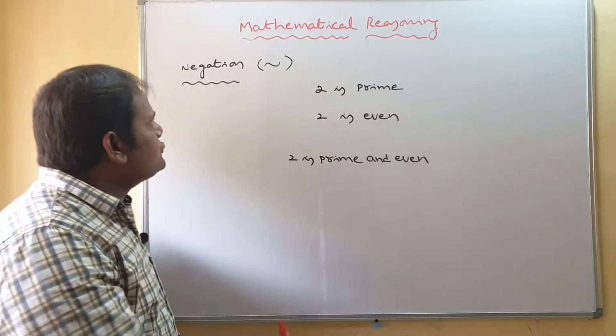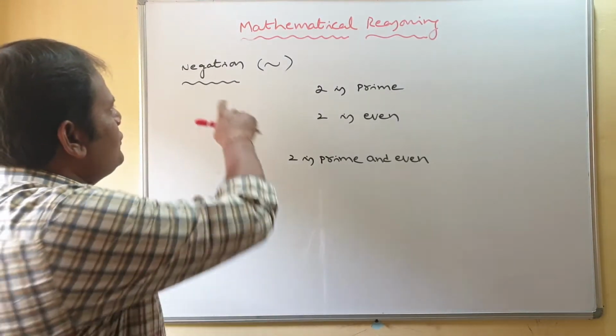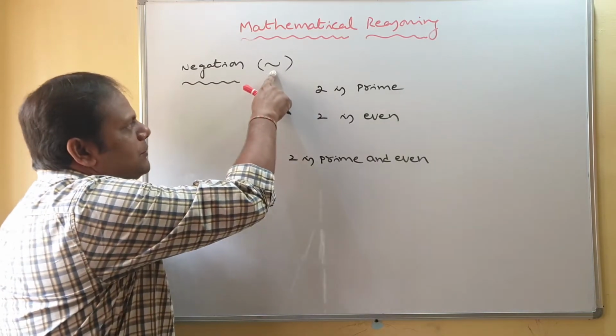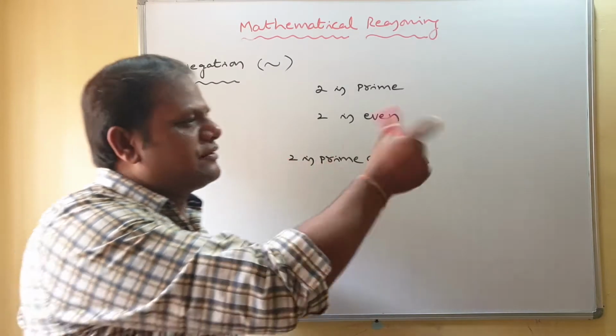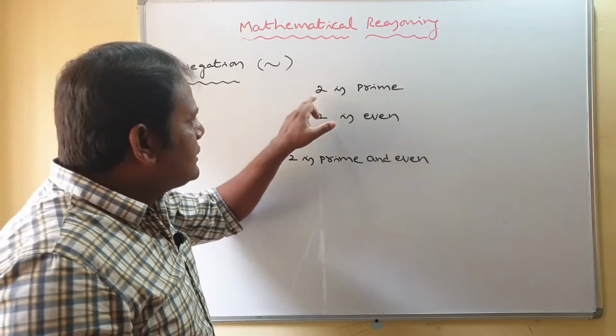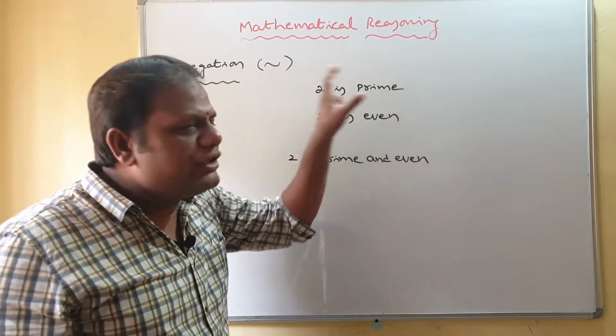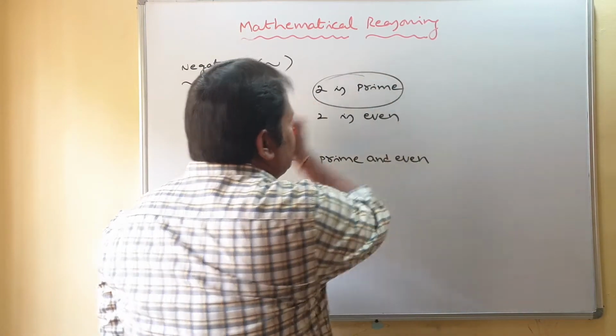The next useful concept is negation of a statement. This is the symbol for negation. You know that negation means the reverse of that. Suppose the first statement is 2 is prime. Can you guess the negation of this statement?